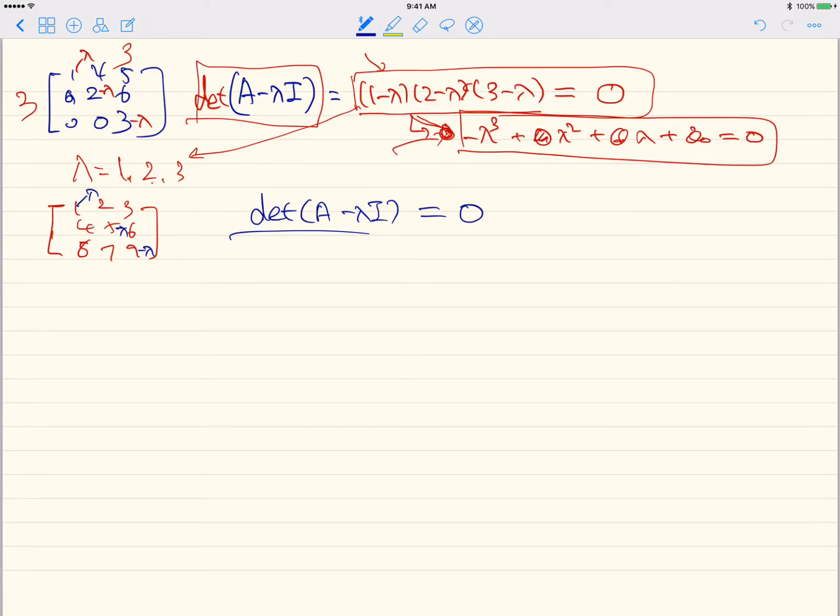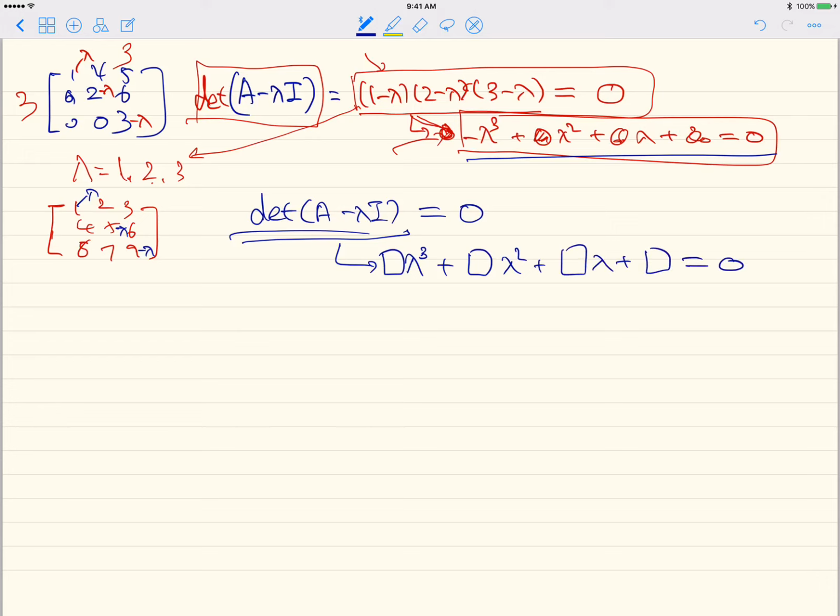And then it will also be some kind of third order polynomial in terms of lambda. So once you obtain this, you will have some lambda cubed, and lambda squared, and lambda and some constant being equal to 0. Okay, you will get this kind of equation.